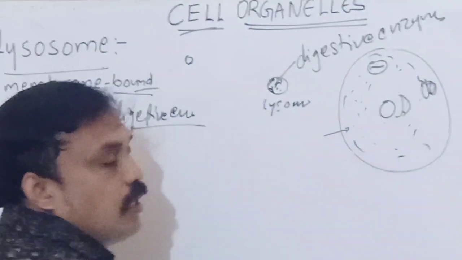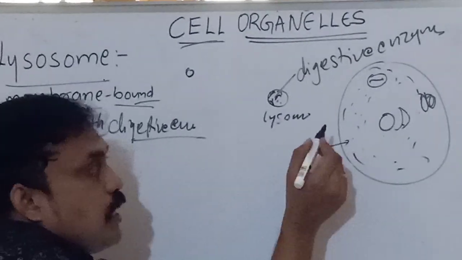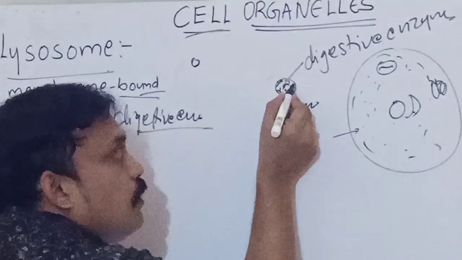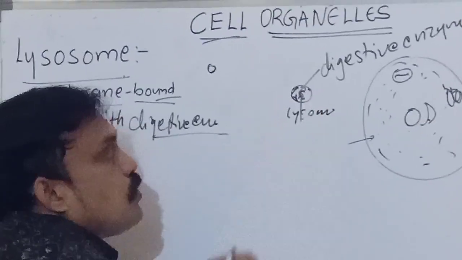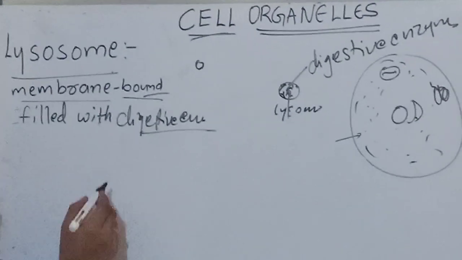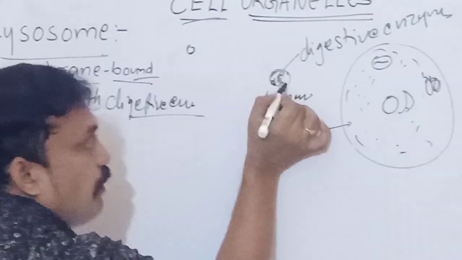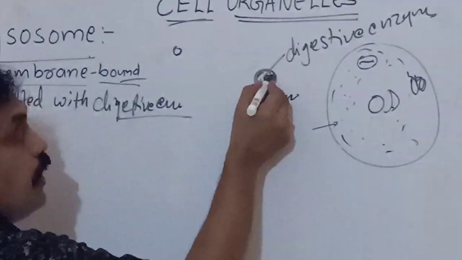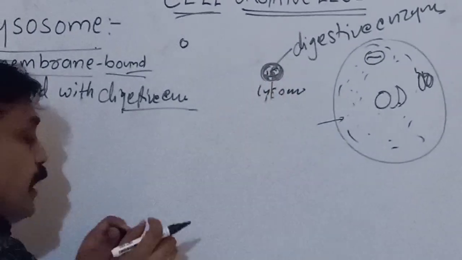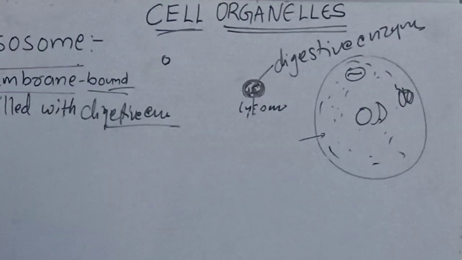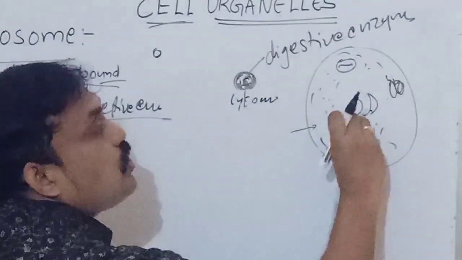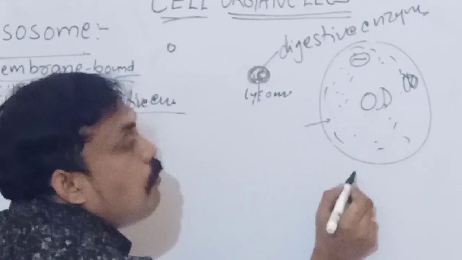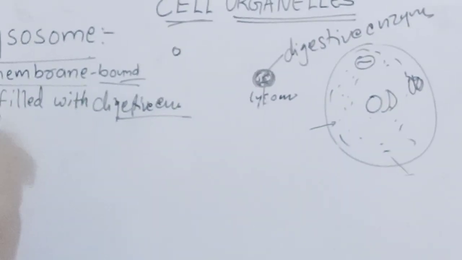Any dead cell organelles, any poisonous or affected materials that enter the cell, the lysosomes absorb and digest them, and then they burst themselves and send the poisonous, waste, toxic materials outside the cell.